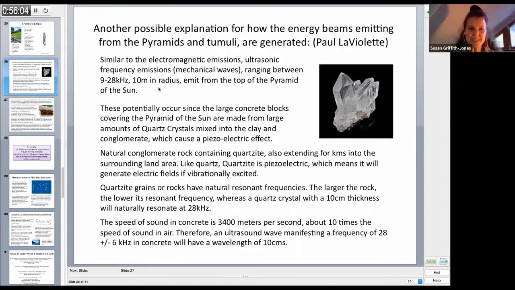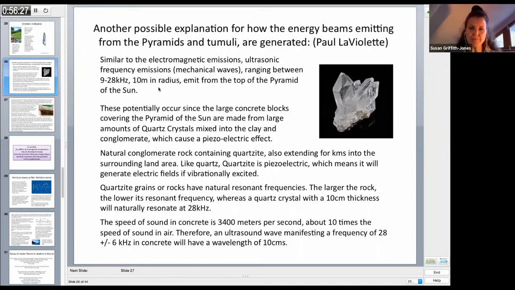And these potentially occur since the large concrete blocks, which I described to you in the first session, covering the Pyramid of the Sun, are made from large amounts of quartz crystals mixed into the clay and conglomerate, which cause a piezoelectric effect.